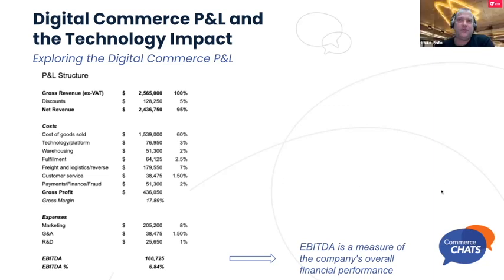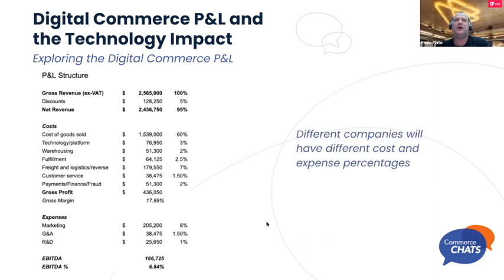All right. So moving on, just a couple of comments here. A lot of questions about, hey, what's the usual percentage of cost of goods or of fulfillment or freight or warehouse? Each business has a different P&L, right?